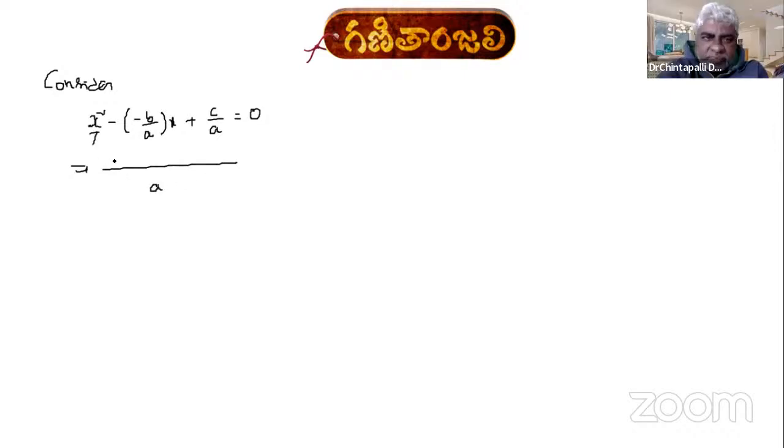Here it is ax square, negative times negative is positive, bx plus c is equal to 0, right?